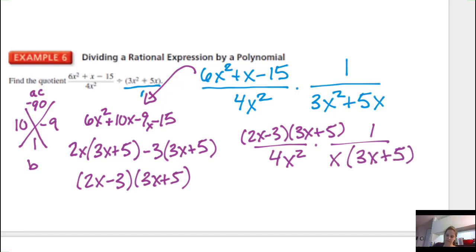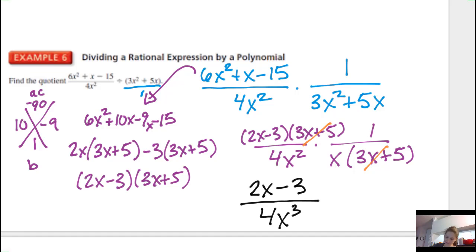That was step 2. Step 3, divide out common factors. We have 3x plus 5. Now I will rewrite and restrict the domain. In my numerator, I have 2x minus 3 over 4x cubed.